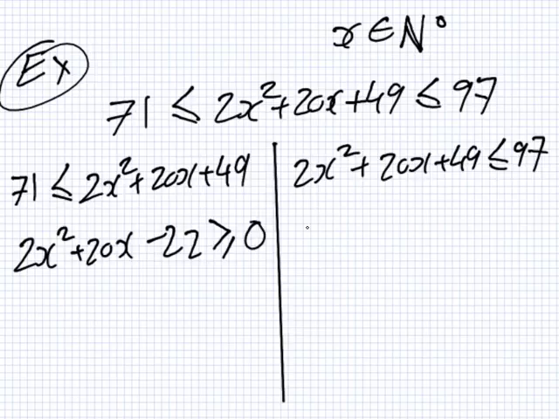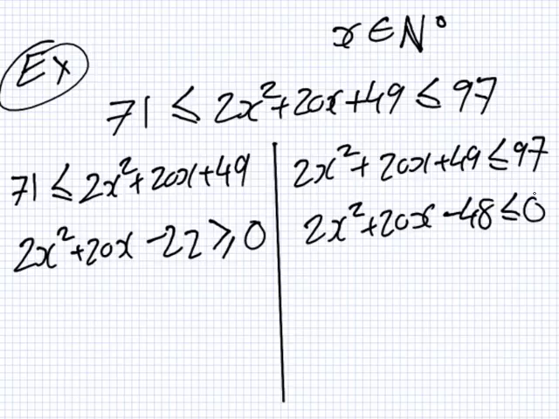And this one here, 2x squared plus 20x, and then 49 minus 97 is minus 48, less than or equal to 0. So you know what, actually I will get it finished, because I'm going to use the quick method on these two. I'll use my calculator to give me the answers.